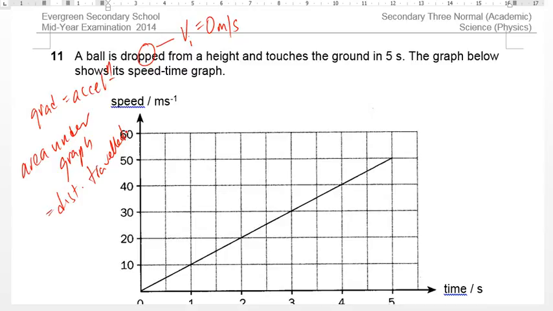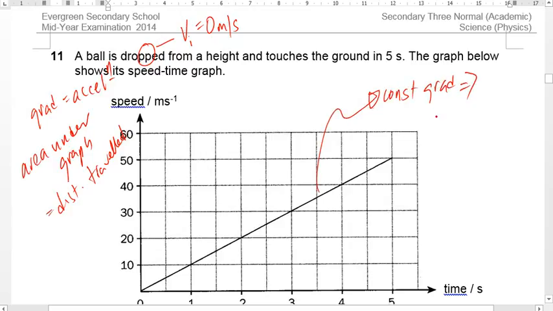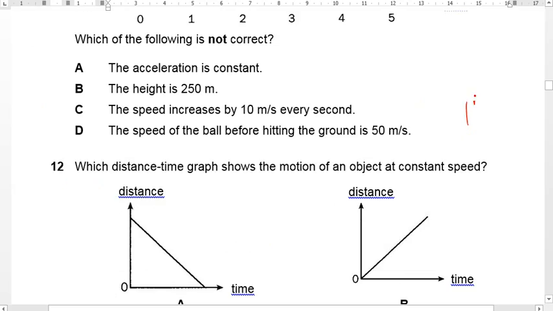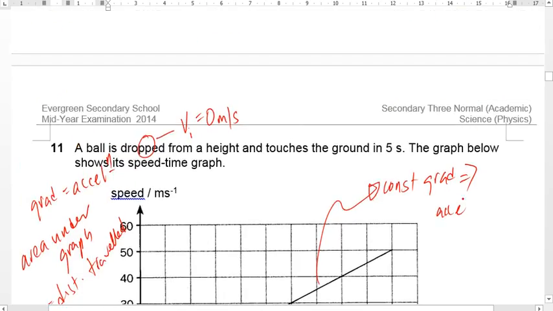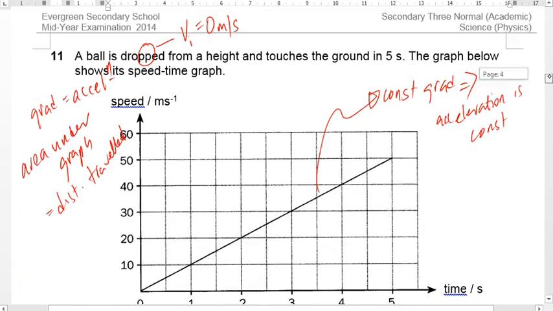Looking at this graph, it is a straight line, not a curve. Straight lines have a constant gradient, telling you that acceleration is constant. So this is what we can tell so far.